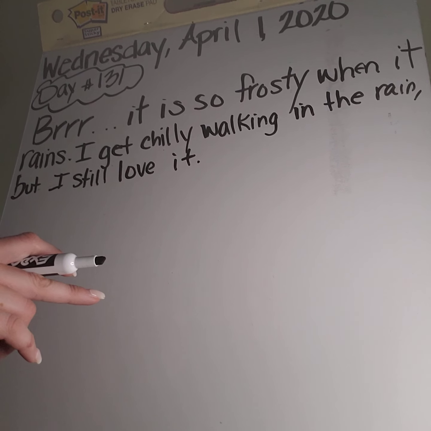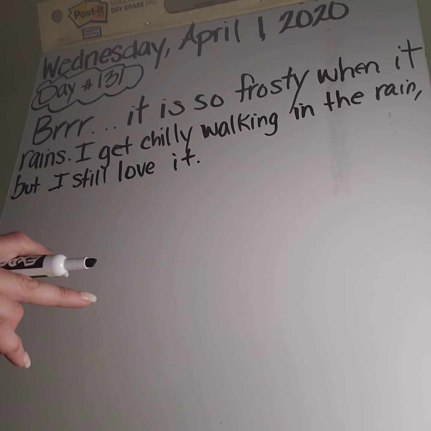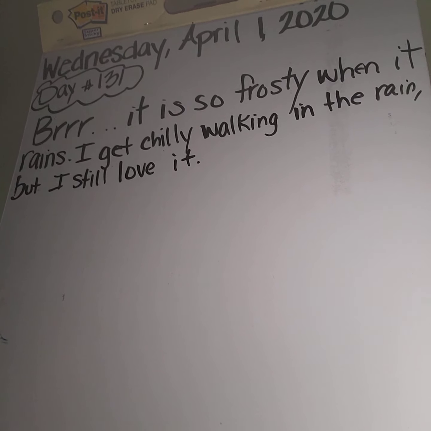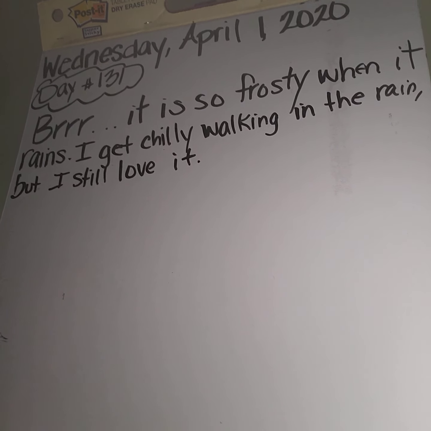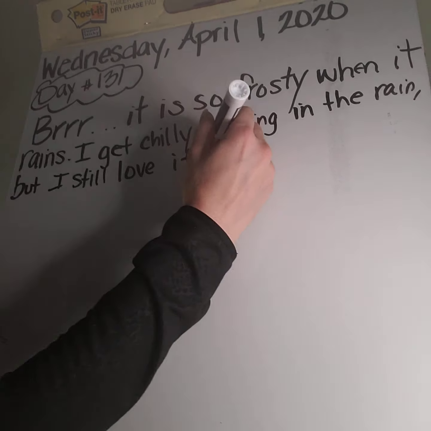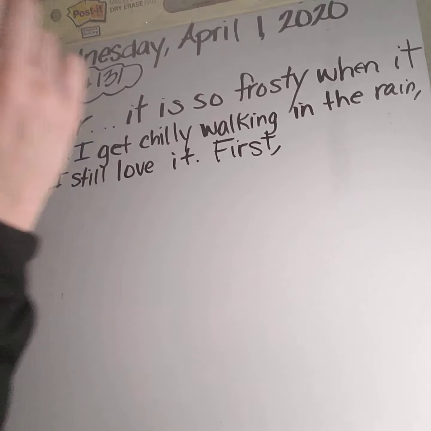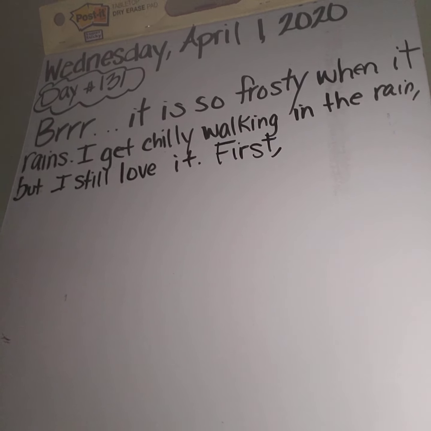So now I'm going to think about why I love the rain, because my prompt is walking in the rain is. So again, I'm going to use some transition words. Now keep in mind, transition words don't always work in your paragraphs, but in this case, I believe they do. So I'm writing. Hold on, let me move that a little bit.